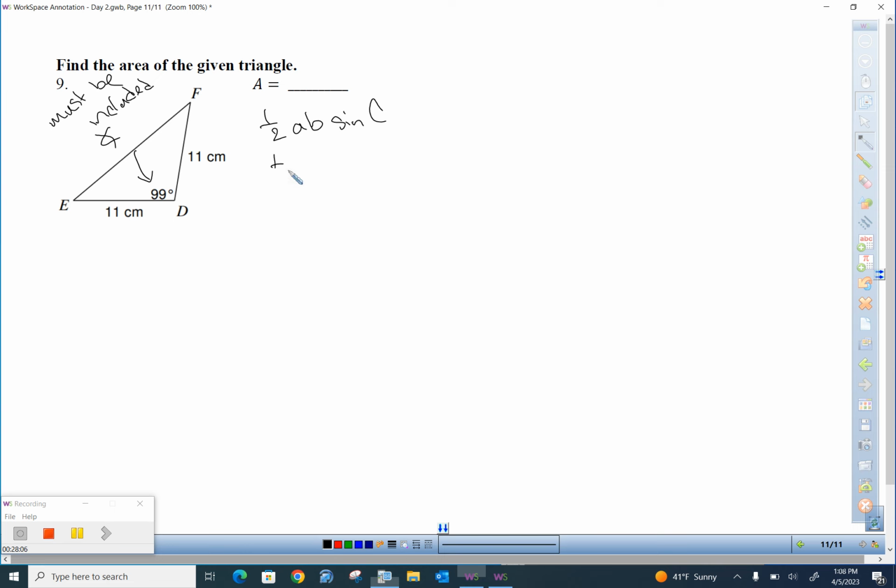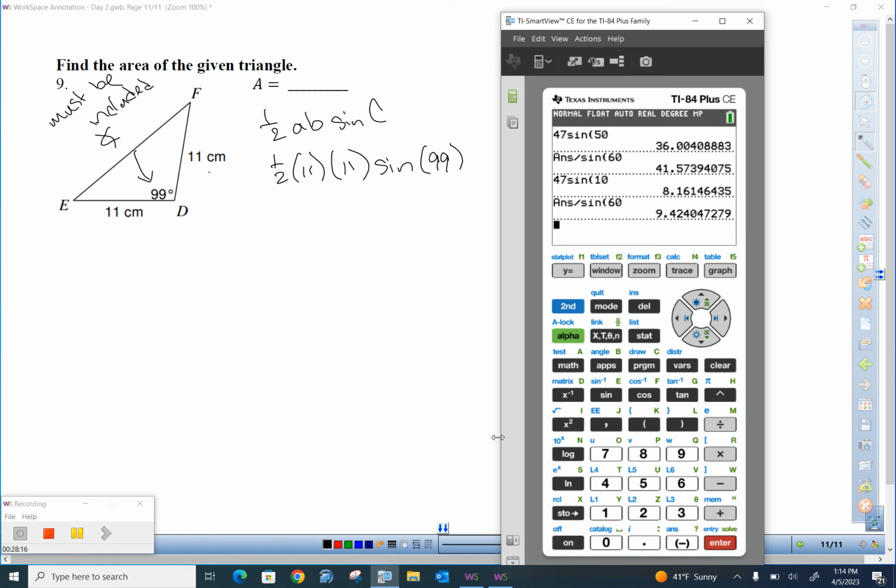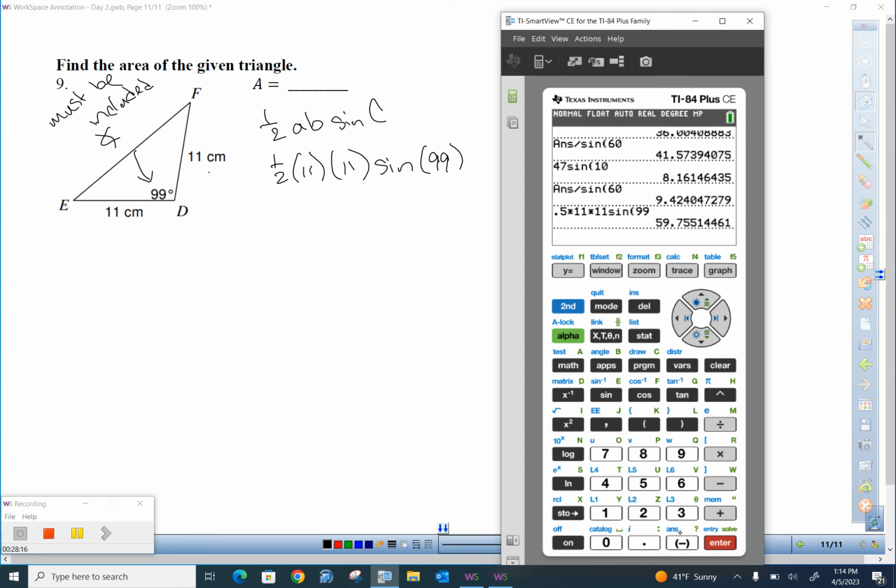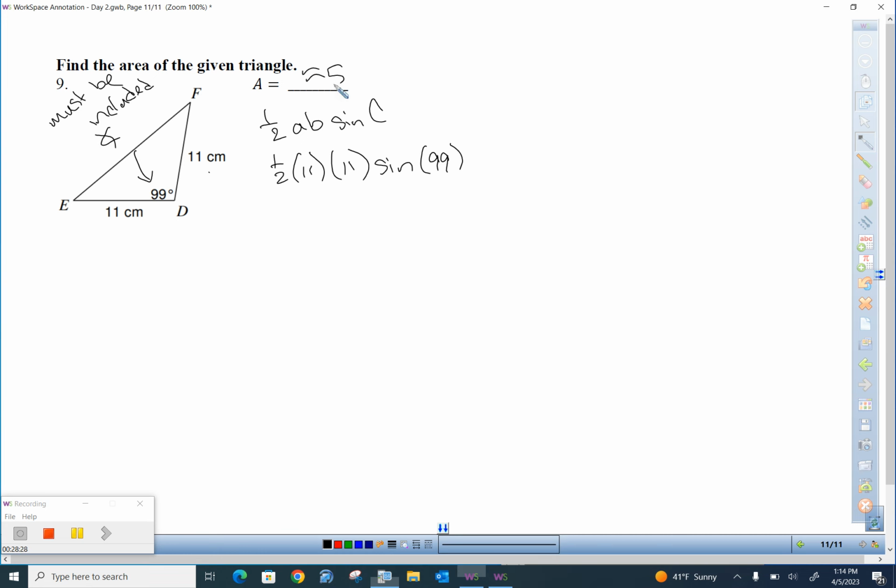So for us, that's 1/2 first side, second side, and sine of the angle between them. And then we toss it in, for an area of about 59.8, and that's centimeters squared. Okay.